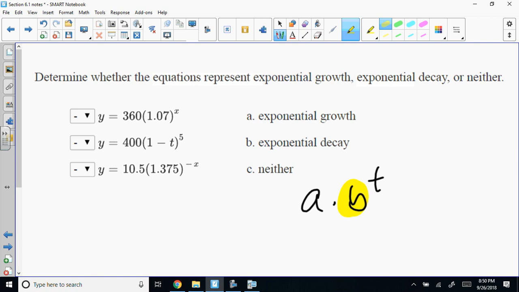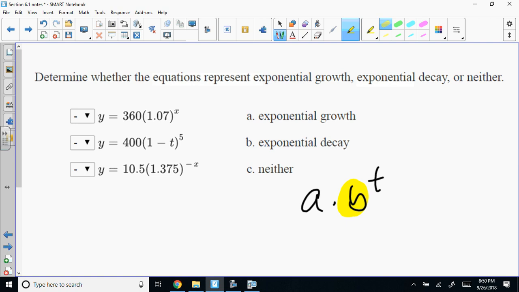If you remember the negative power rule, it means you take it and move it from the numerator to the denominator. So that's really like 1 over 1.375, right? Does that make sense? 2 raised to the negative x is the same as 1/2 raised to the x. Those two are synonymous, they're the same.